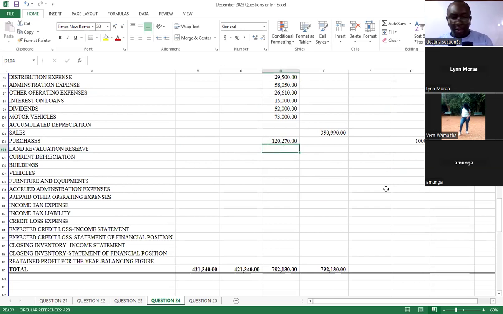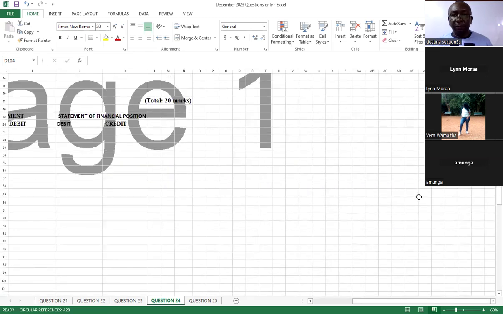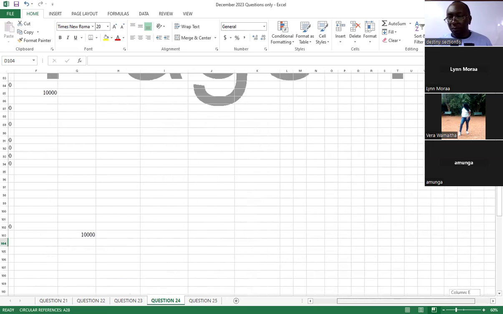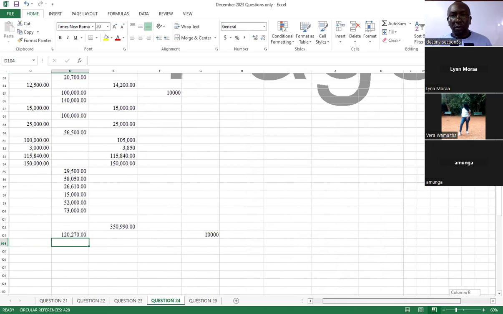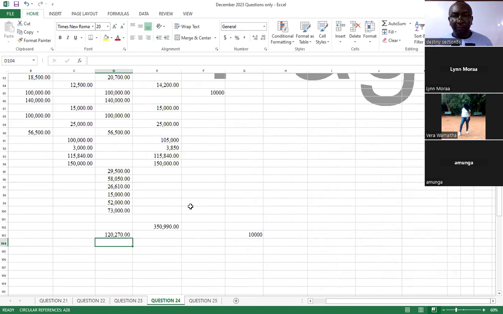RAD revaluation. And I want us to go marking as we complete those transactions so that it will make our work easier. Now this revaluation will go to the statement of financial position. You understand? We'll go to the statement of financial position.